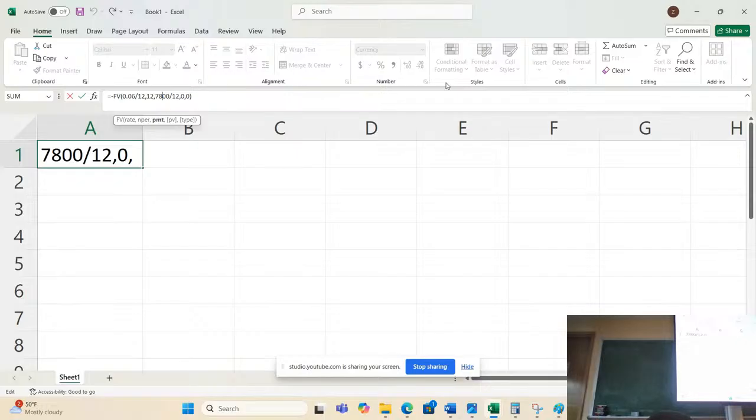Close. So I think what you'll need to do here to get the take home pay, you'll have to subtract 401k contributions. Because I think for this one it was 7,800.